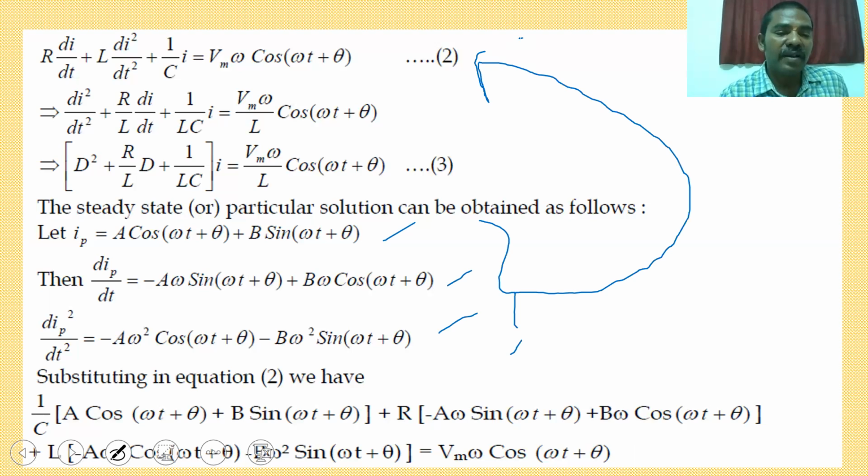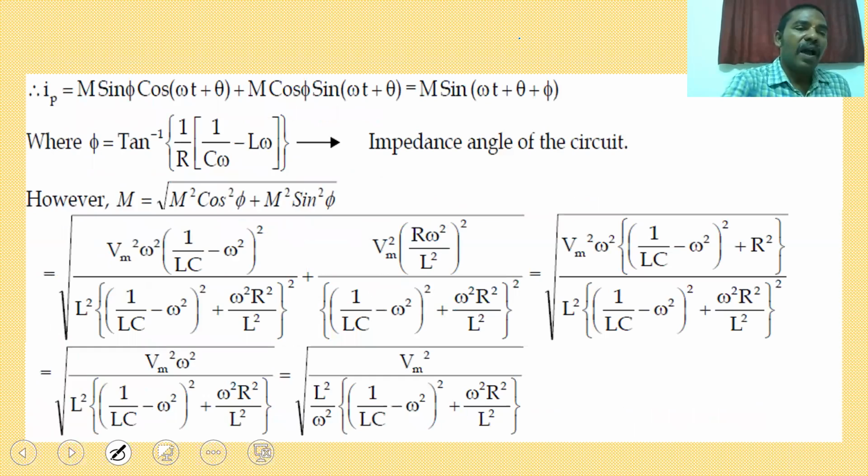So you can get the final value as Iss equal to some constant times sin φ cos(ωt + θ) plus some constant times cos φ sin(ωt + θ), or M sin(ωt + θ), where M is the root of M² cos² φ plus M² sin² φ.